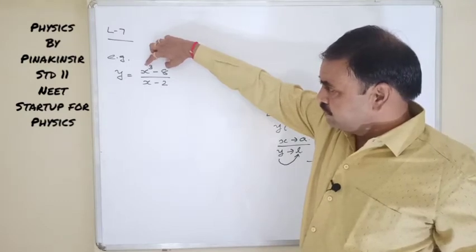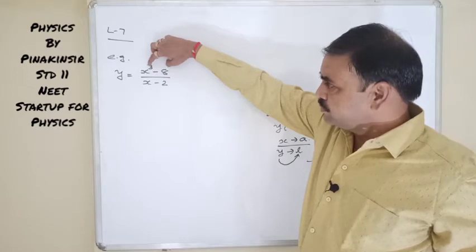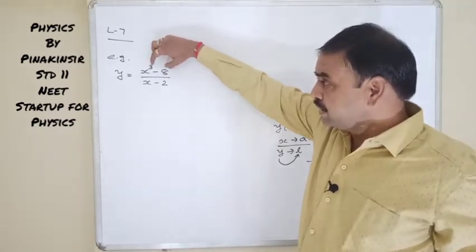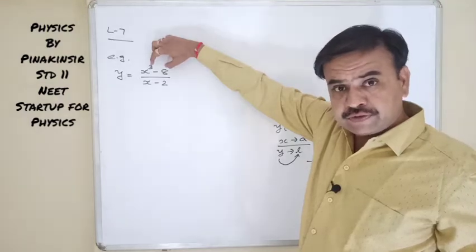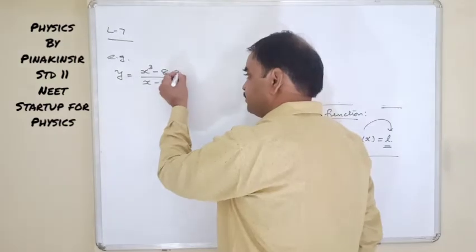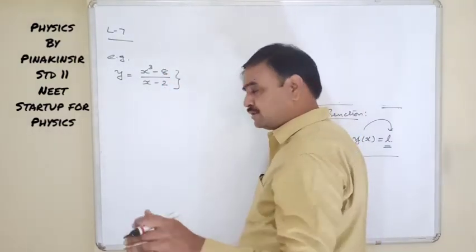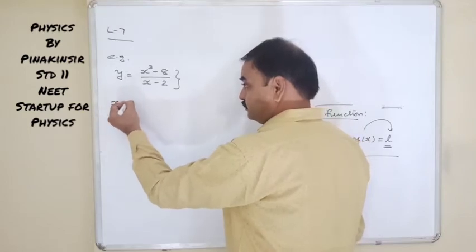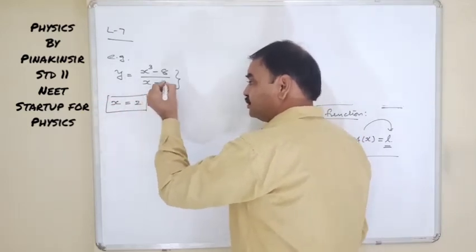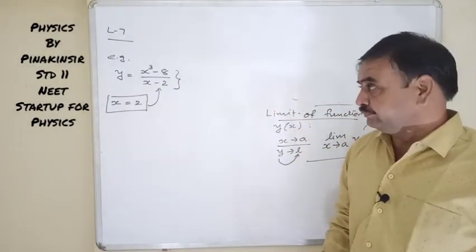It will be x minus 2 into bracket x square plus 2x plus 4. But if you are asked to get the value of this function at x is equal to 2, see here, this function is defined for each and every value of x except x is equal to 2. You cannot directly substitute x is equal to 2 there. Then what to do now?